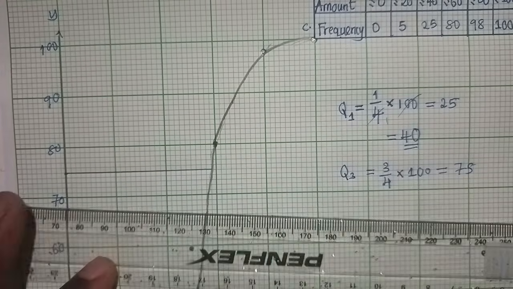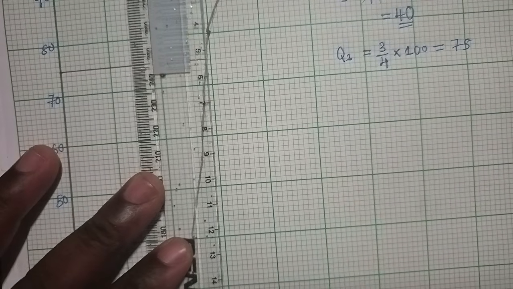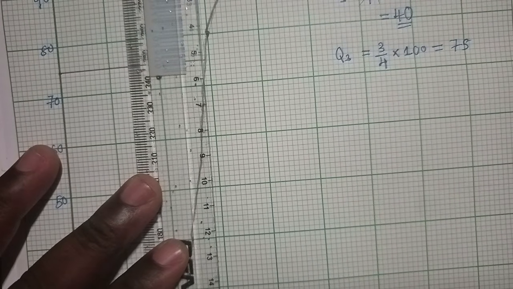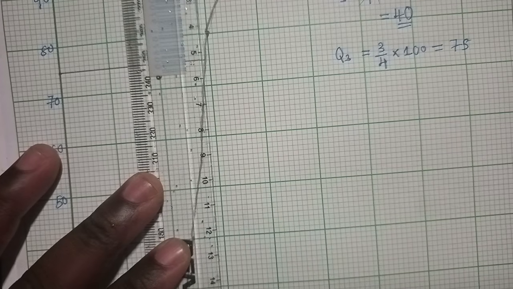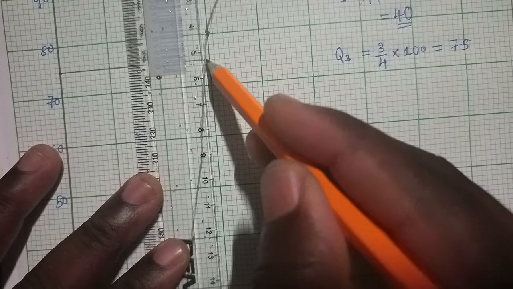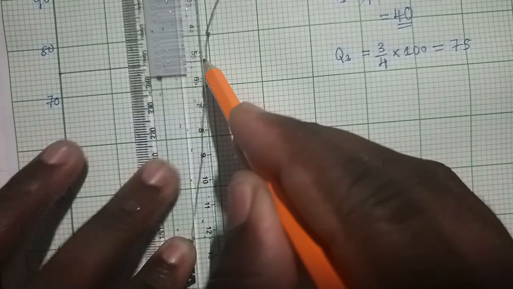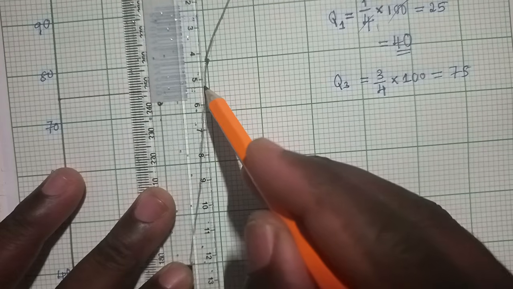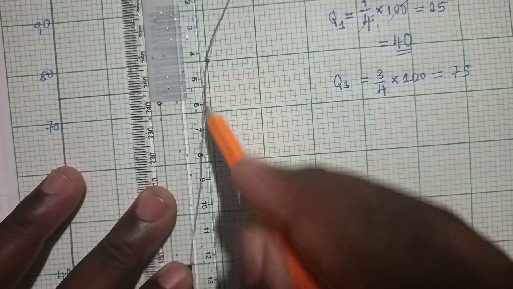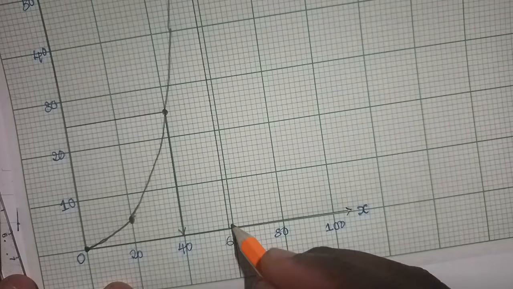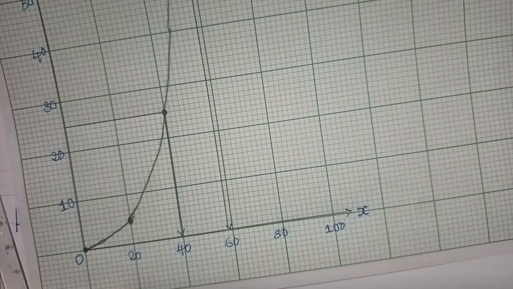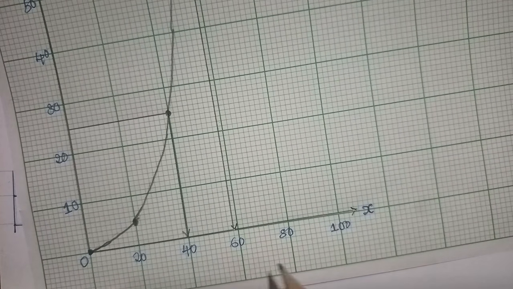Up until you touch the graph. So when you touch the graph, here, now you draw the line downwards. Okay? From where it touched the graph. So you go like that. Okay? So up until you touch the x-axis. So this is the x-axis.